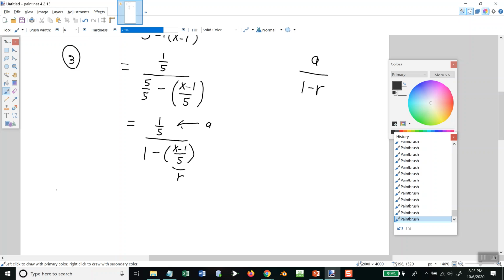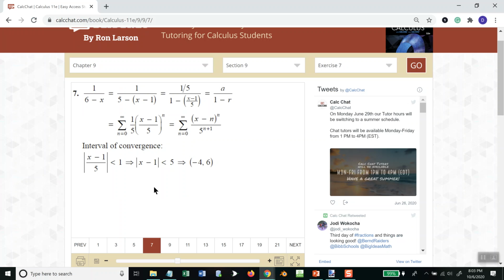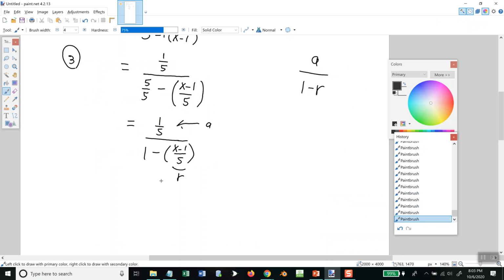Now, I don't know if they want the actual summation form. Let me see. Yeah, I guess they do have it here. But your summation form would be n equals 0 to infinity, a times r to the n.